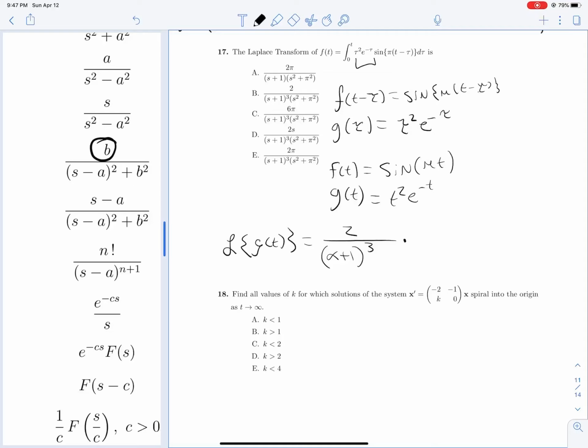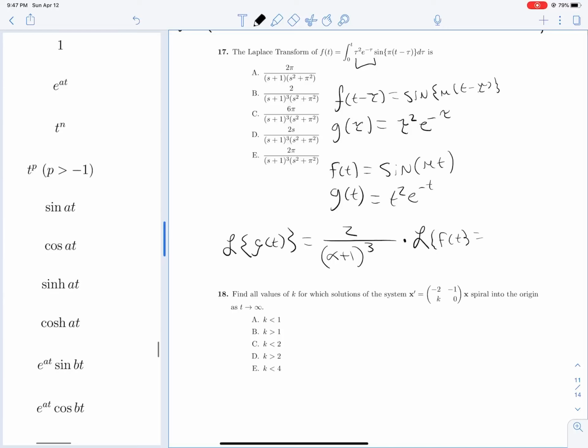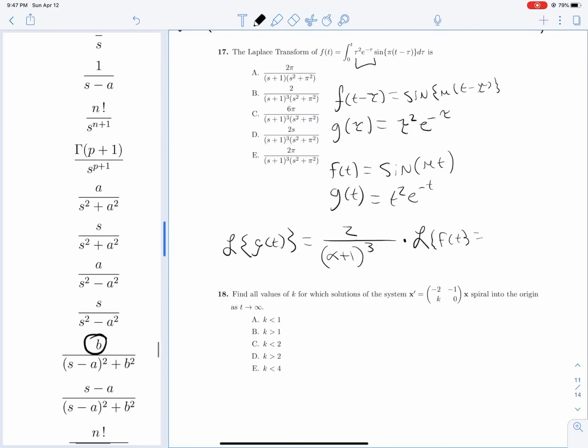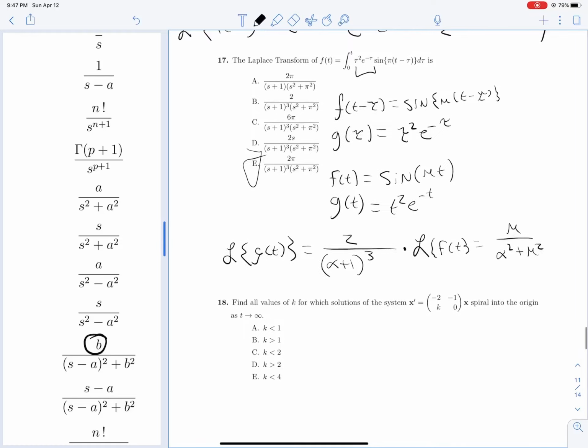And then we are multiplying this by the Laplace transform of f of t, which is just the Laplace transform of sine pi t. The Laplace transform of sine at is a over alpha squared plus pi squared. So multiplying all this together, we get, nope, that's an s, we want a pi. We get 2 pi over all that. 17 is e.